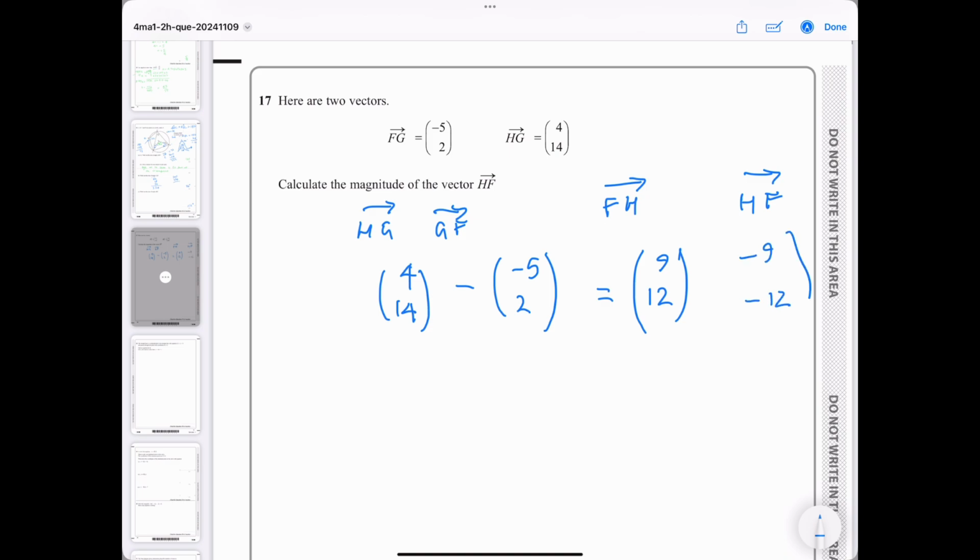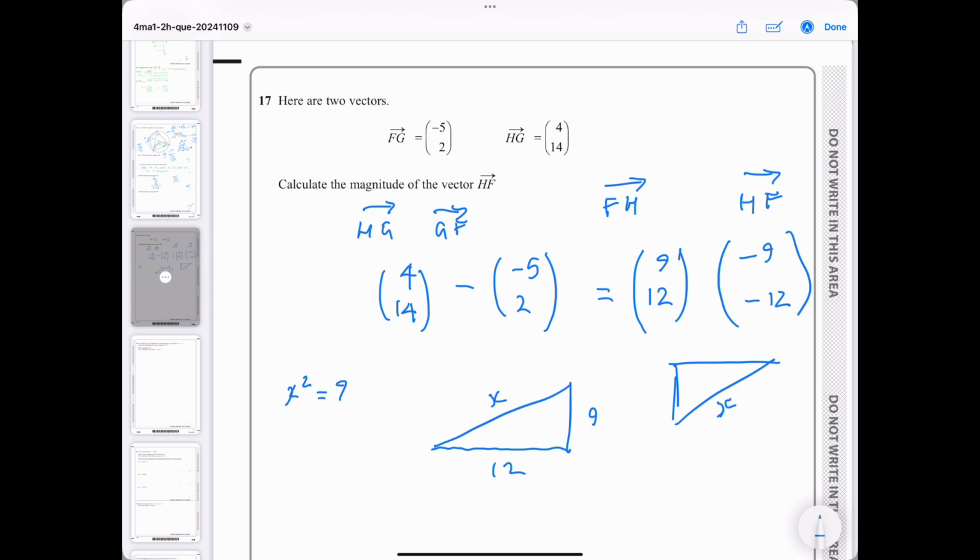But if you're going to calculate the magnitude, it means you're going 12 one way or the other and 9 one way or the other. So it could be going that way and that way. But essentially, you've got to work out what that is. So x squared will equal 9 squared plus 12 squared.